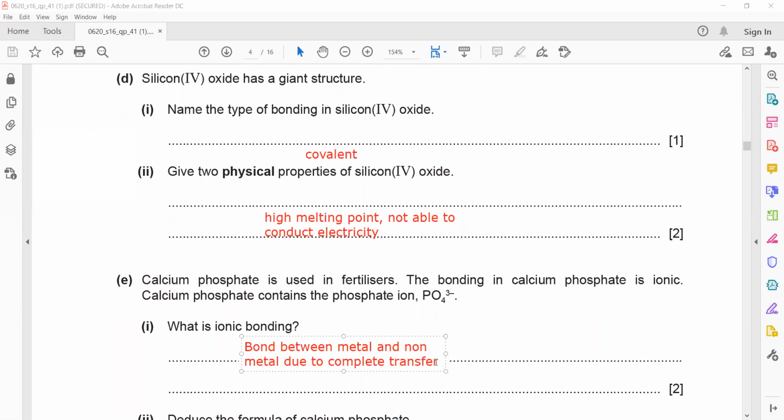You will not write this as an answer; this part is for explanation. What the correct answer is, I will mention. So the bond between the metal and the non-metal is due to complete transfer of electrons.